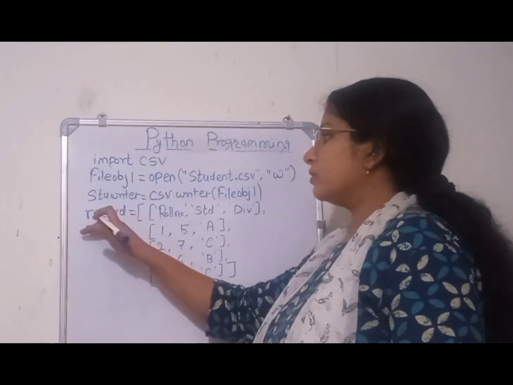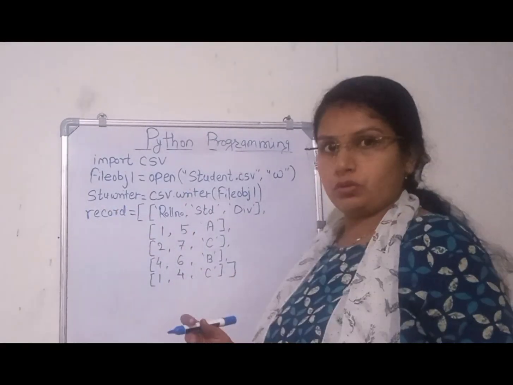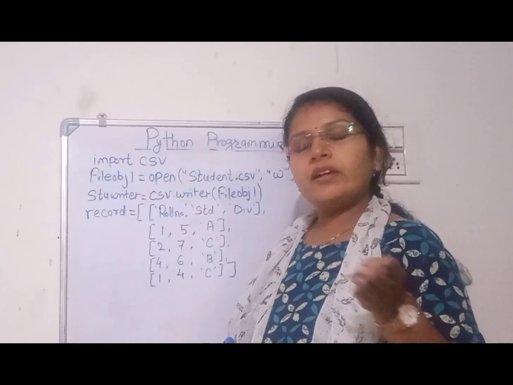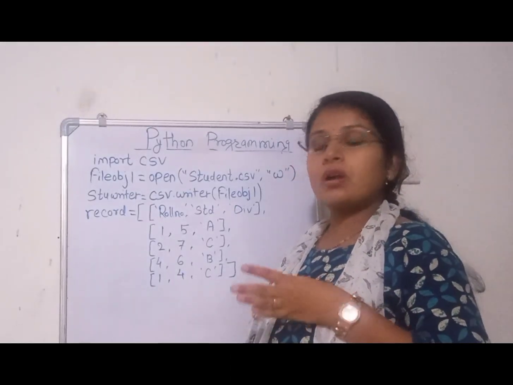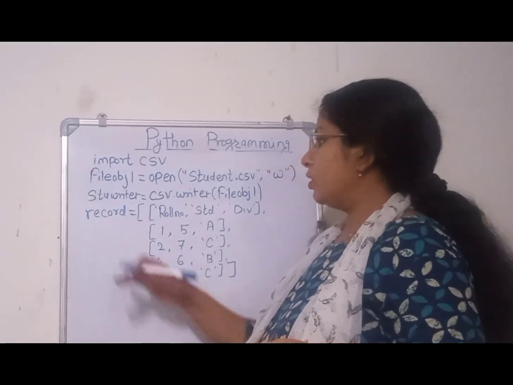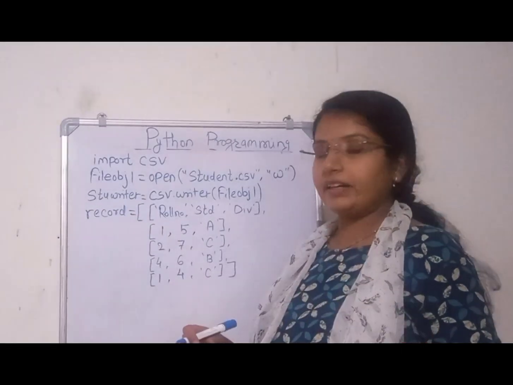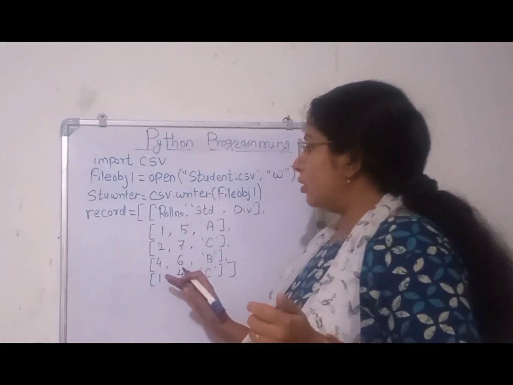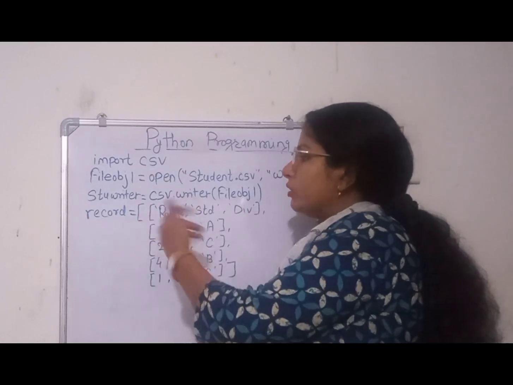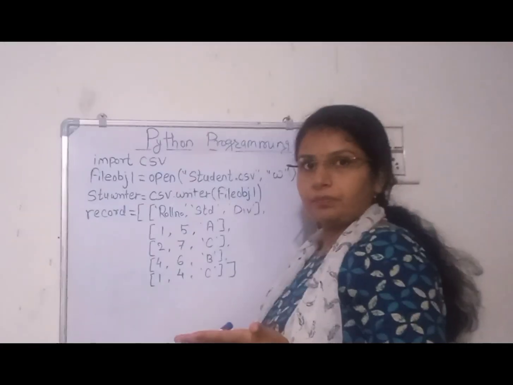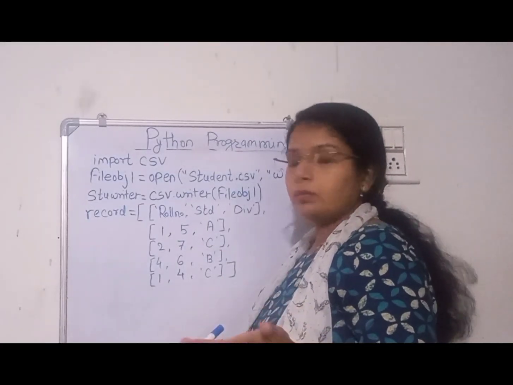So after that, this record means these are multiple rows, right? So that's why you can use the writerows method for that. Once my record is ready, I want to place it. I am not calling one record one by one in a for loop.